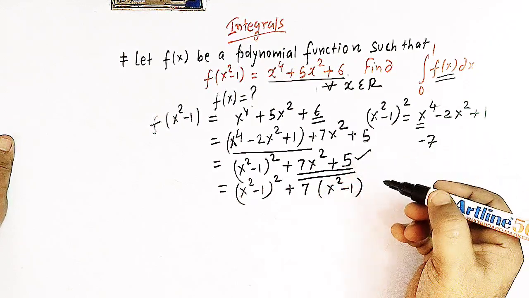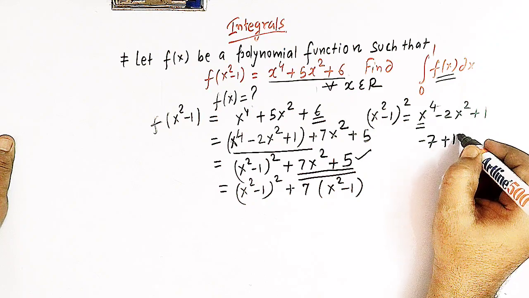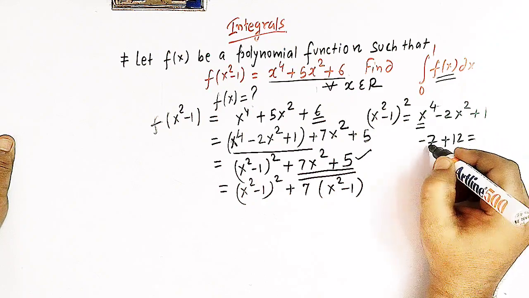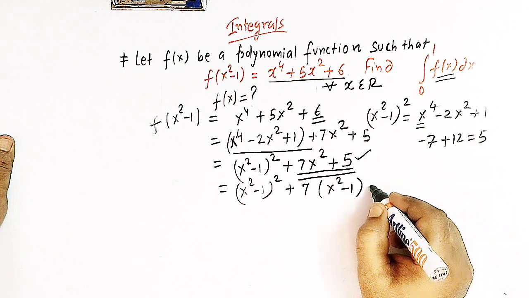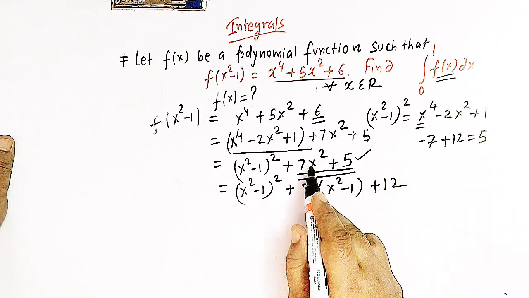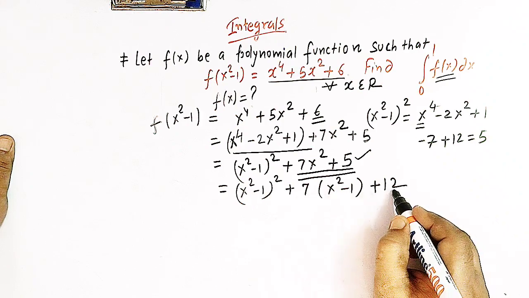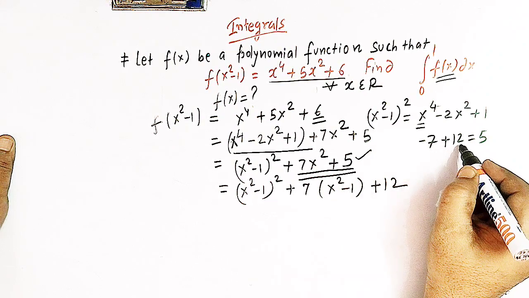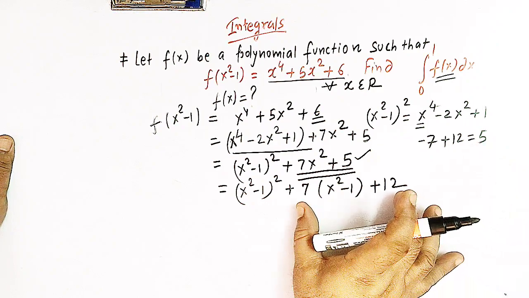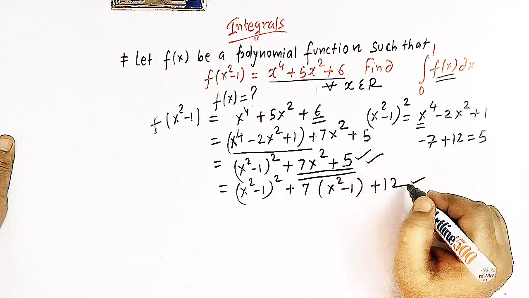So to compensate, what we have to do, we have to add plus 12, so that 12 minus 7 is equal to 5. So here we can write 12. So we can now have 7x square, 7 times 1 is minus 7 plus 12, and minus 7 plus 12 is equal to 5. So this term and this term are equivalent.